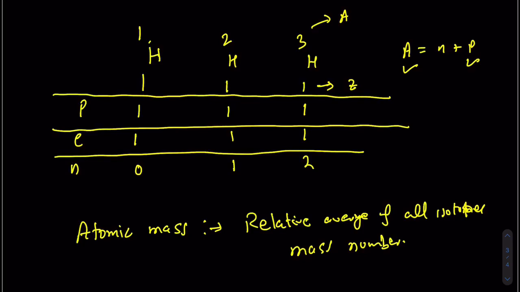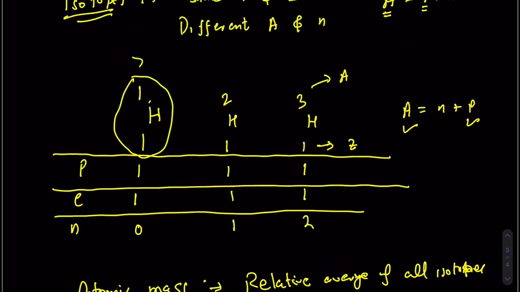When we say the relative average, it's not just the mathematical average. You have to look at their relative abundance, which means this first isotope may be more abundant than the other two, and in the case of hydrogen, it is. This first one is more than 99% abundant, and the other two are less than 1% abundant in nature.